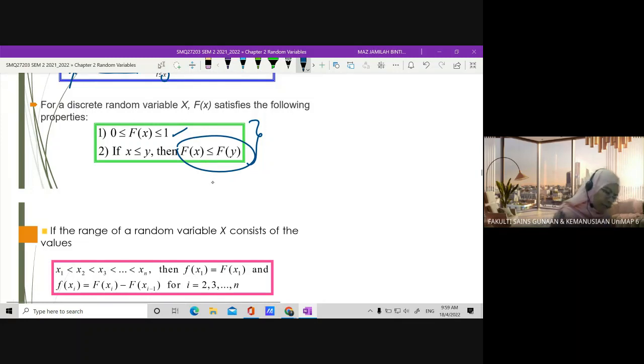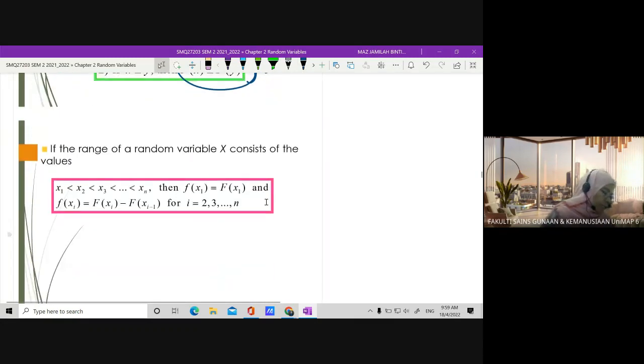Now, let us answer this by looking at this explanation. If the range of a random variable X consists of the values, now this particular X, remember, are all the values that can be taken by our small x.